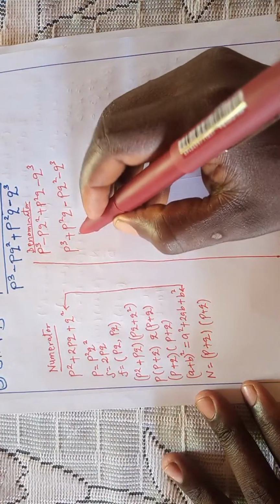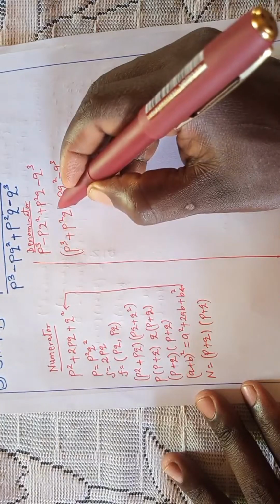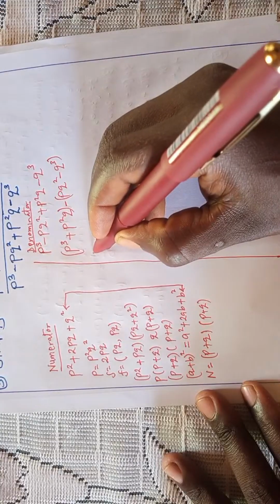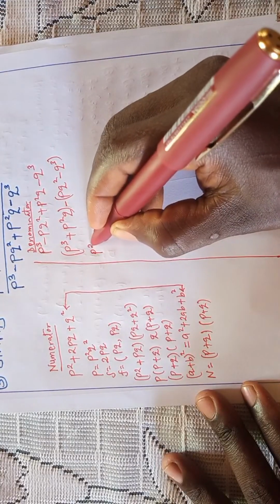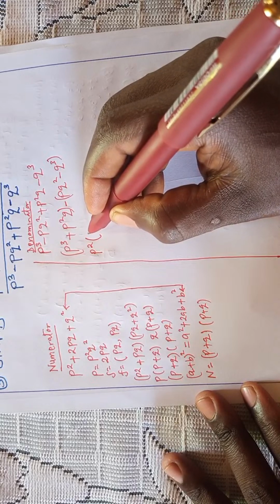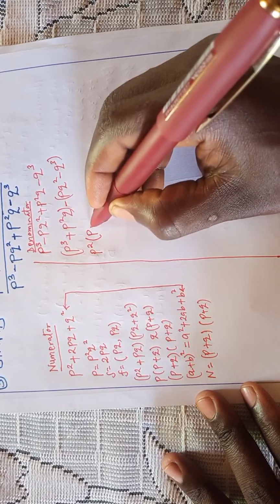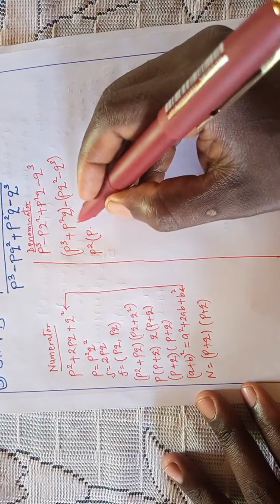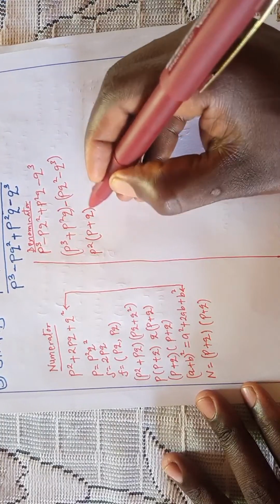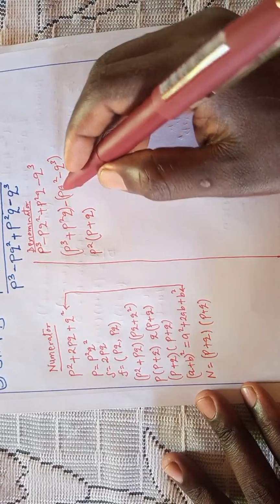Now we can begin by putting these things together by saying if we factor out p squared and multiply by p, we are going to get p raised to power 3 plus q, we are going to get p squared q.